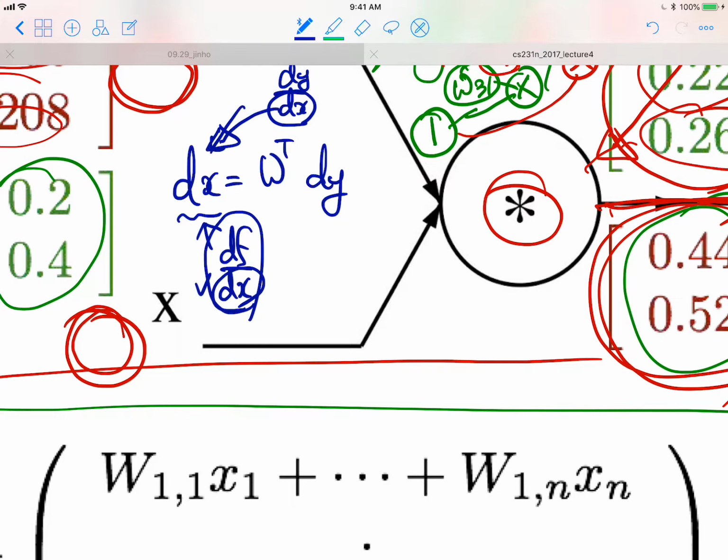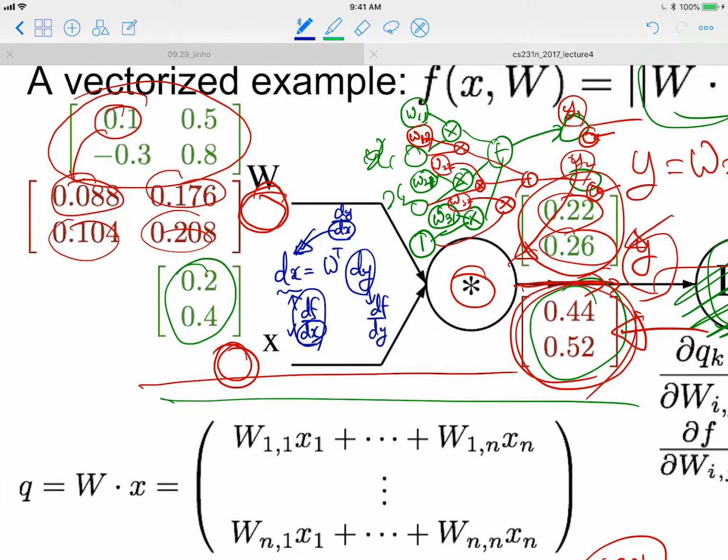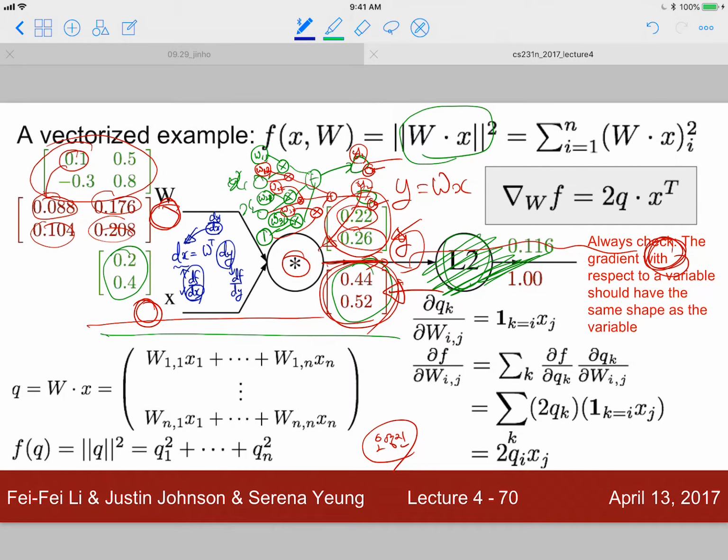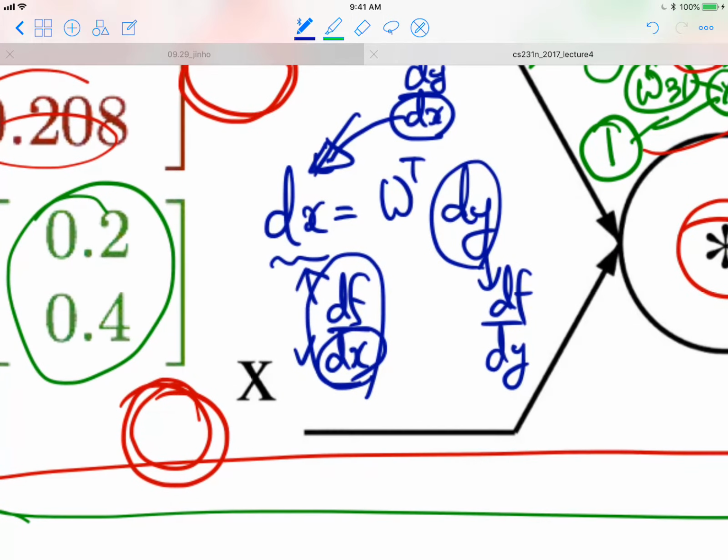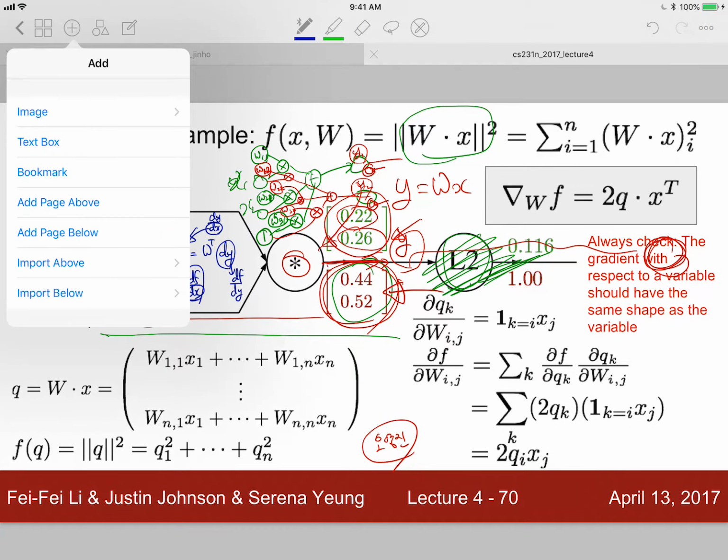Here the variable is x, and this is df over dy. I think you understand this equation.